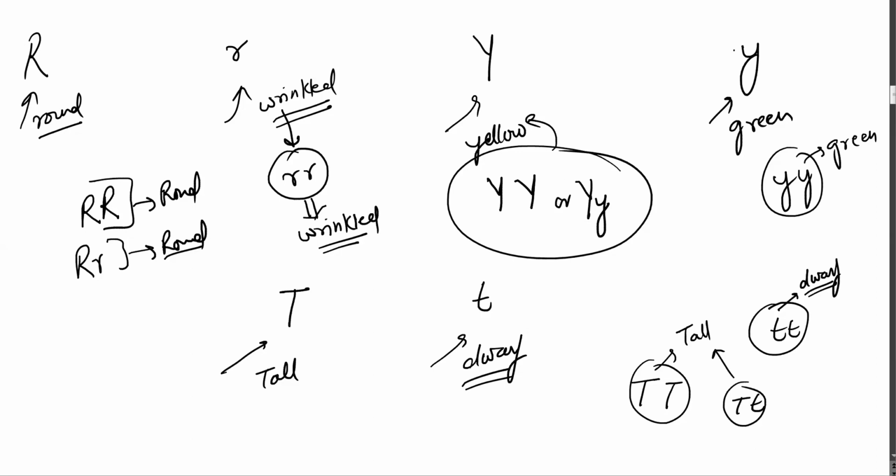Now moving to the next part, here is how we get round yellow. Let me help you. Done, sir? Okay, like we have this.